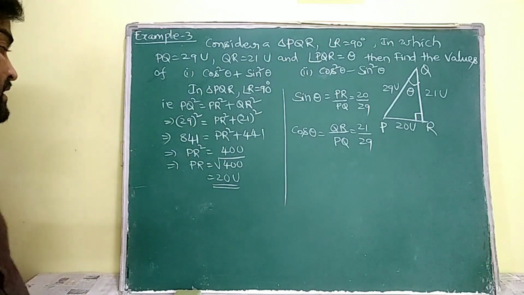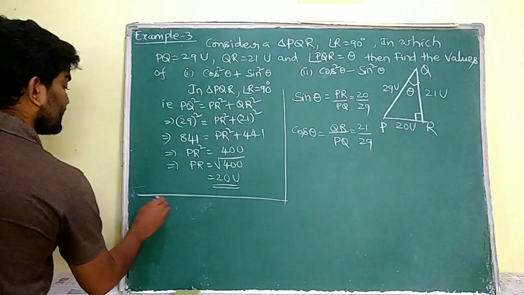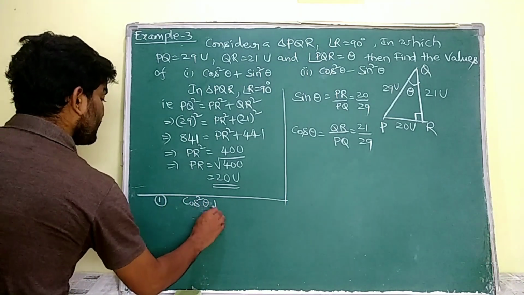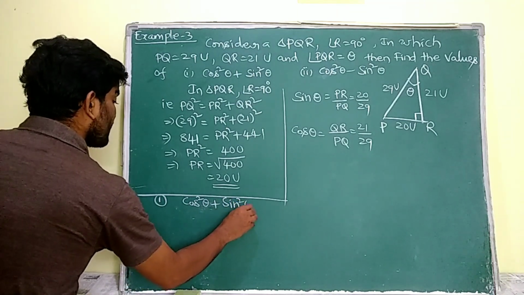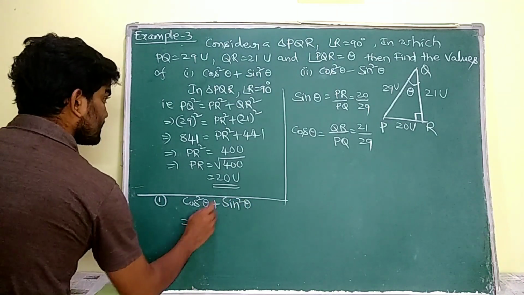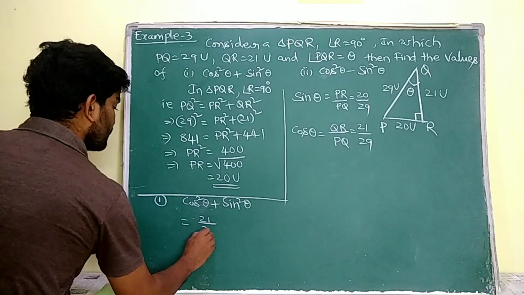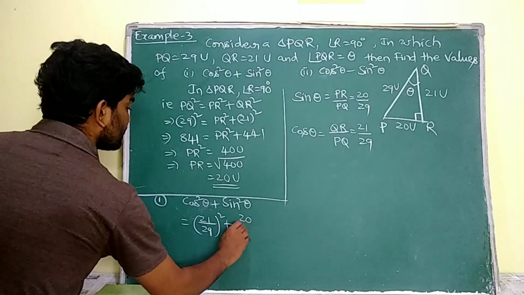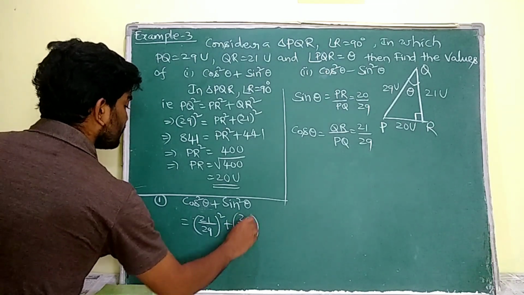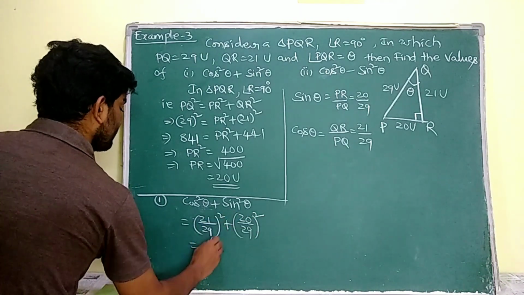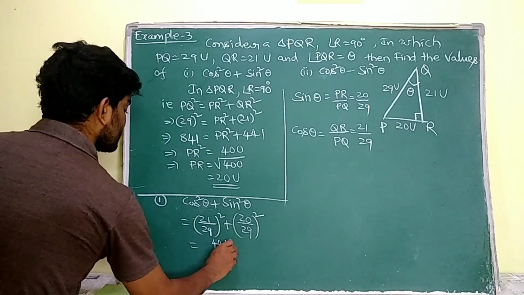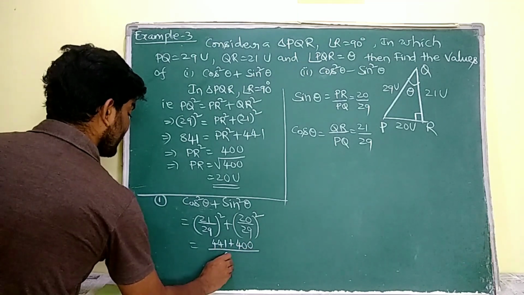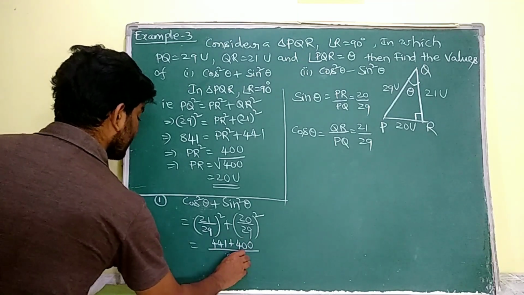Now the first question. In the first question he is asking you to find cos square theta plus sin square theta. Cos square theta means 21 by 29 whole square plus sin square theta means 20 by 29 whole square. 21 square means 441 plus 20 square means 400, by 29 square means 841.